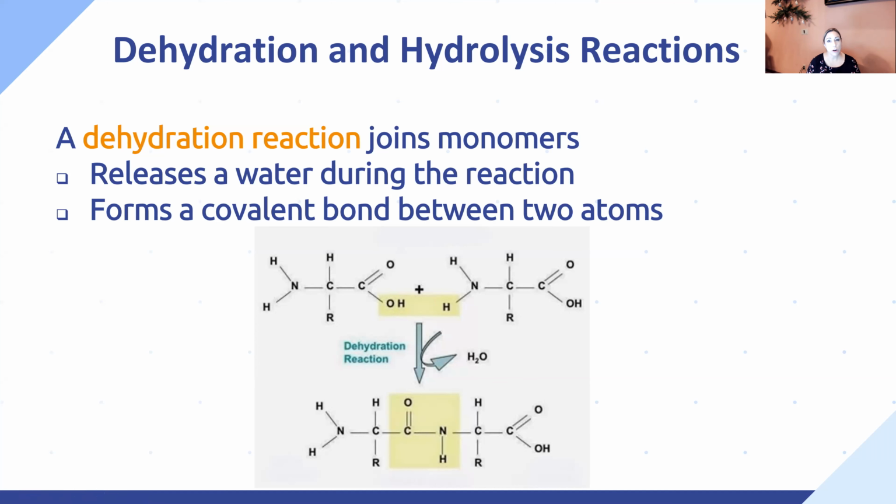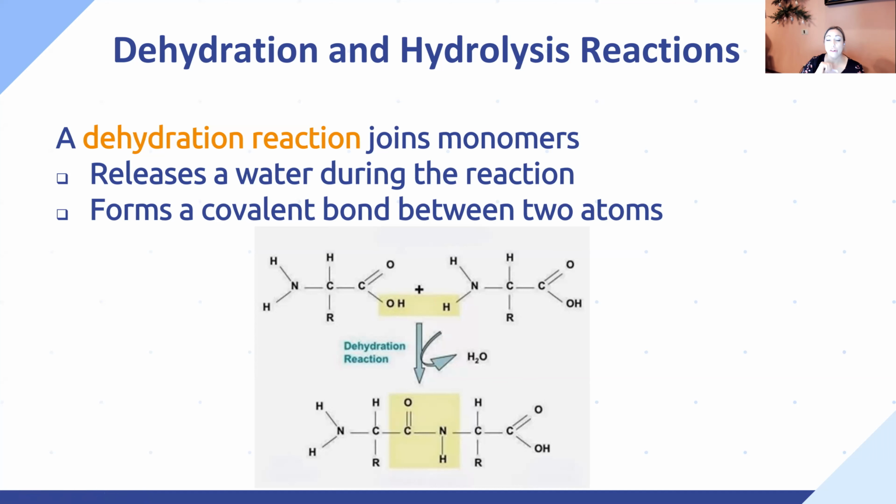Now, a dehydration reaction joins monomers with a covalent bond. So one thing to remember here is that with a dehydration reaction, you're going from a small molecule to a large molecule, monomer to polymer.